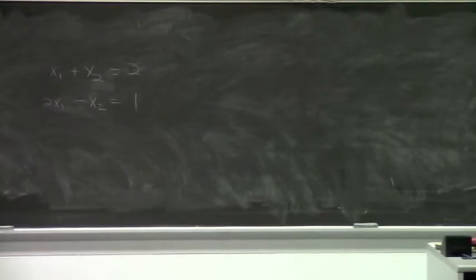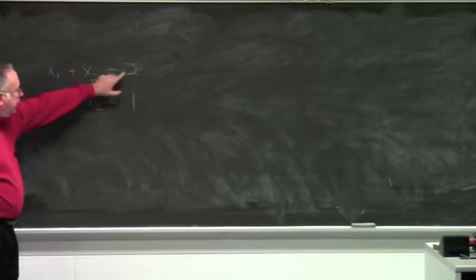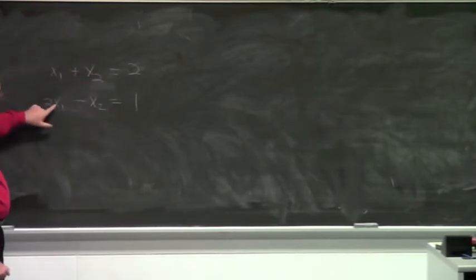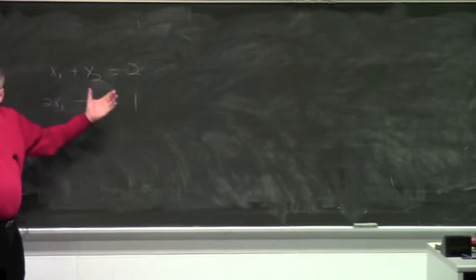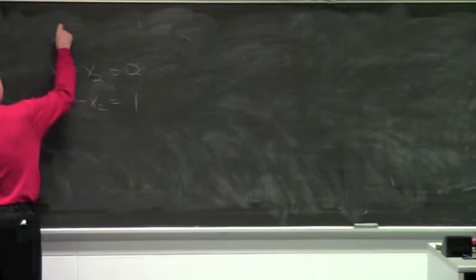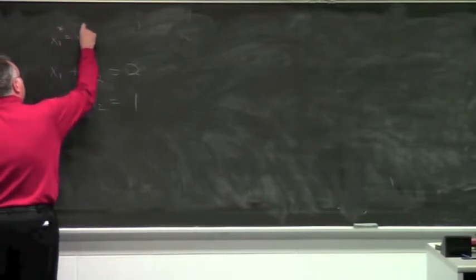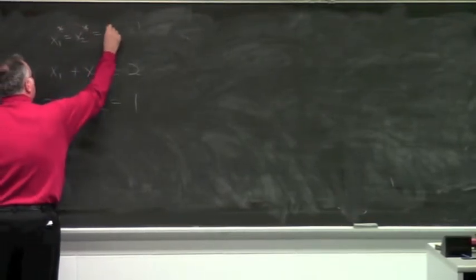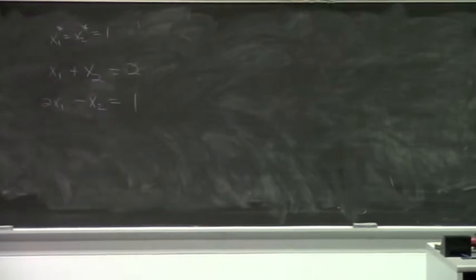So notice we have 1 plus 1 equals 2. We have 2 minus 1 equals 1. So I already know that the solution values are 1 and 1, because I made up the problem so that the solution values would be that. But let's pretend like we don't know what the solution values are and that we want to solve this equation by the tools of matrix algebra.